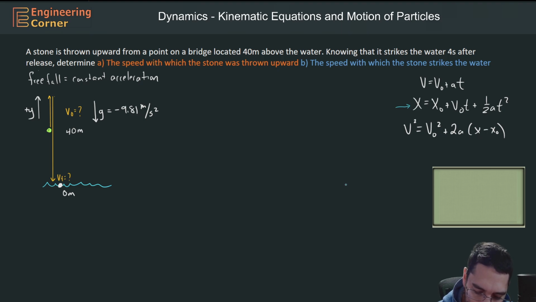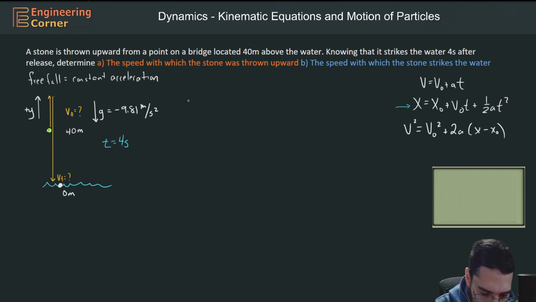If we go with our second equation, we know our final position. Our final position is 0 meters. Our initial position is 40 meters. Our initial velocity is unknown. Our time is, I didn't draw this, but we know that our time is 4 seconds. And our acceleration is gravity. So let's plug in everything that we know.